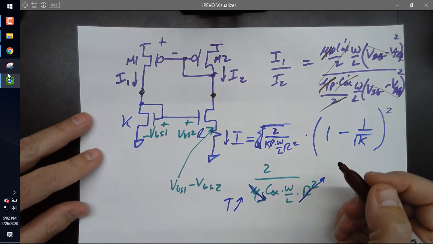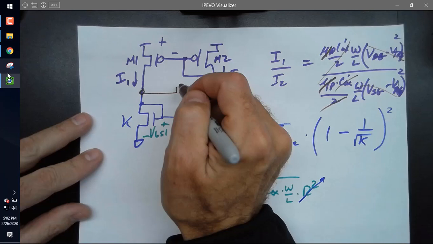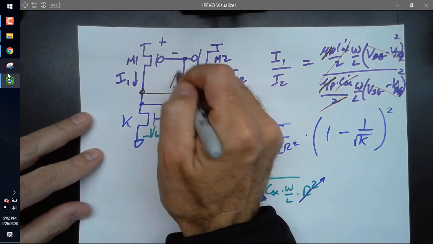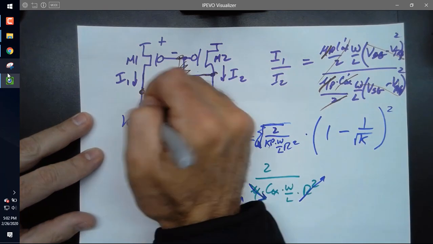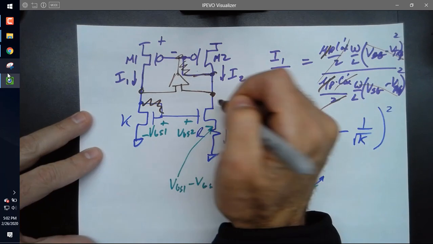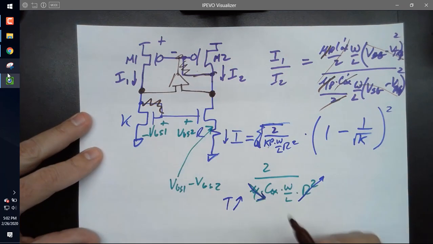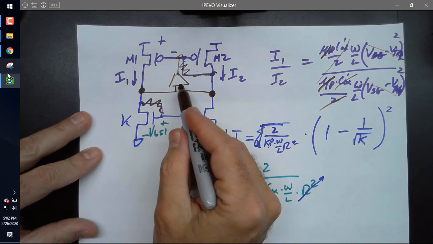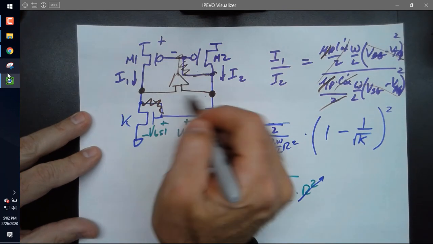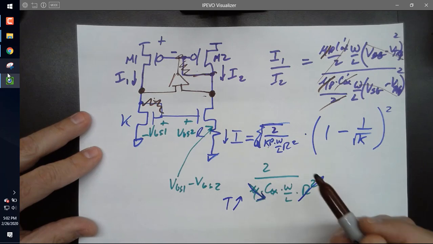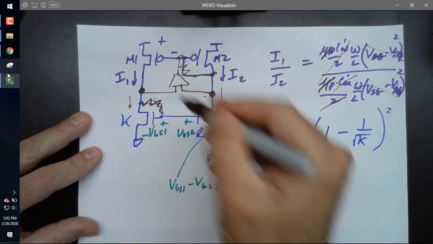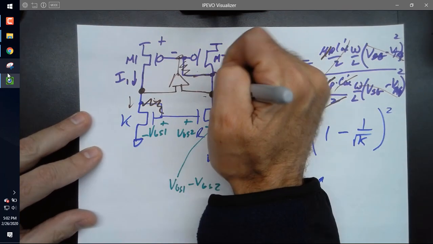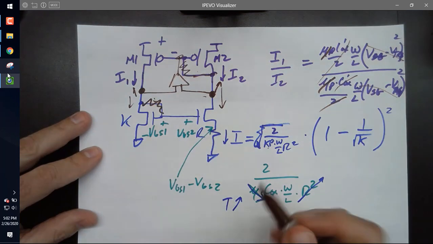I'm going to add an amplifier in here that looks at these two, and I'm going to adjust the gate voltage here. I can make this gate drain connected, but I'm going to try to set these two voltages to the same value with this amplifier and adjust this so that the two currents are the same. If I do that, then I can allow these two to stay the same voltage, but on the other hand, both of them can go up with VDD. So let me show you this. Let me sketch the circuit topology.